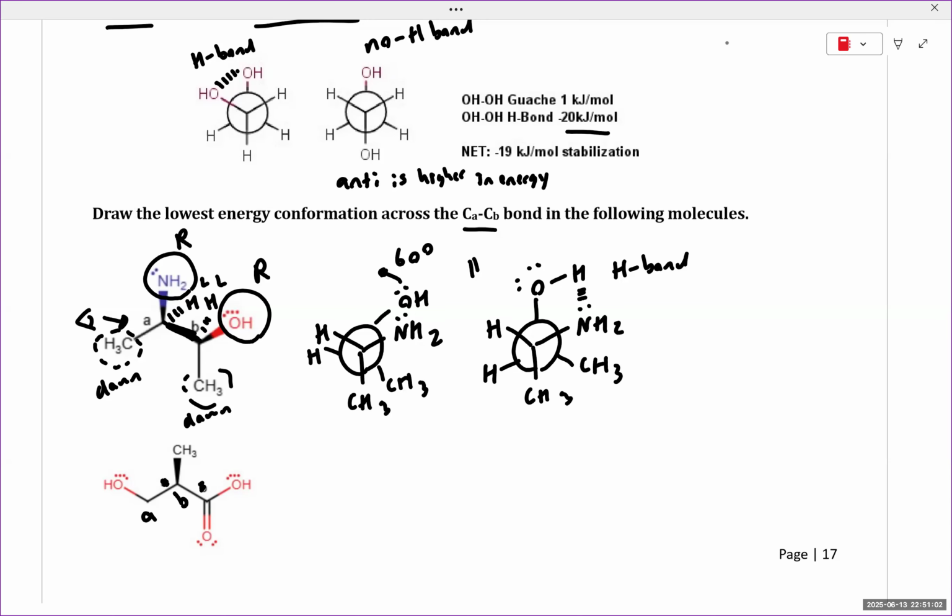Now, this is option one. There is another option for a gauche conformation that has hydrogen bonding. If we rotate our substituents 120 degrees, we get the following secondary possibility.